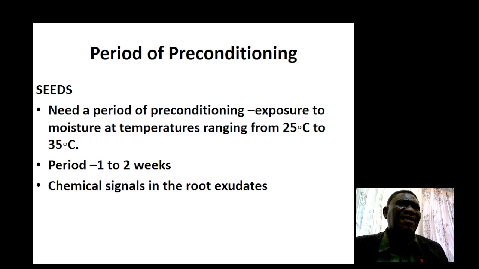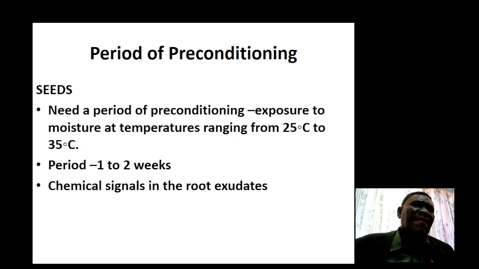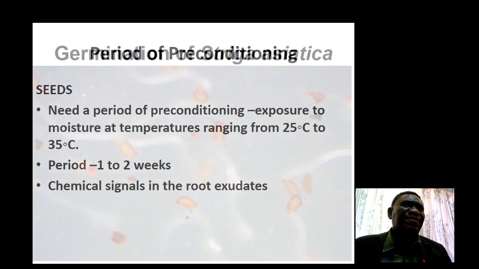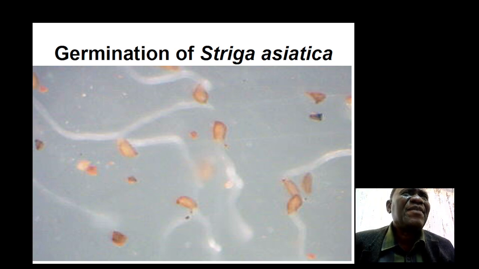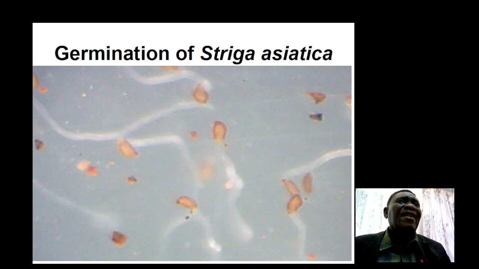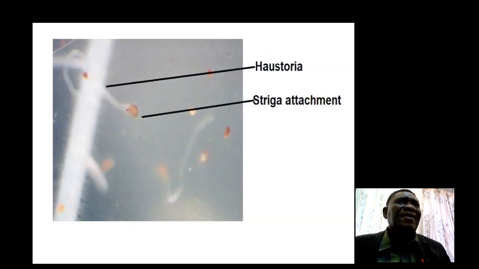Then of course the seed is now ready to respond to chemical signals in the root exudates. This then is the germination of Striga asiatica. After the preconditioning period, you get the radicles. This is under a microscope. Then you have attachment on the haustoria.